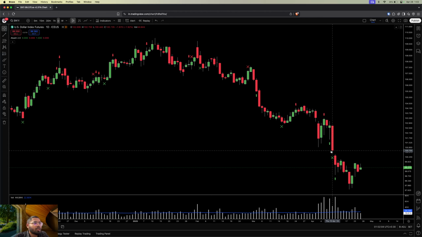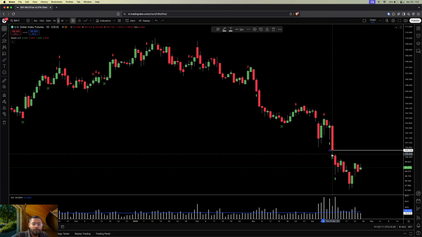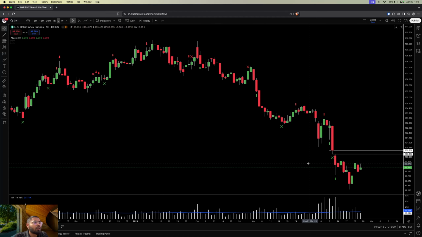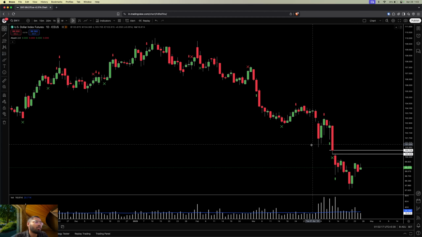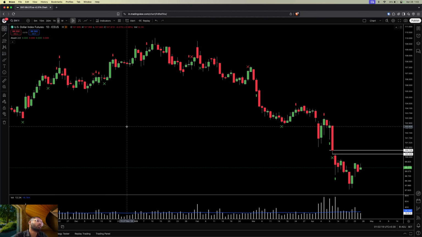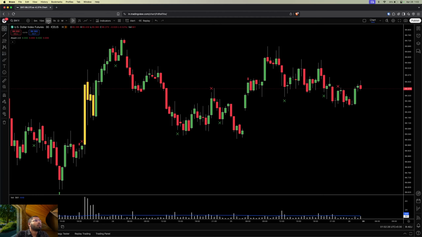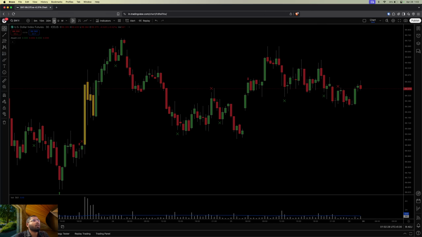So maybe we can have a gap fill over here. And on the moment of this gap fill, we can further choose where to go, like on the upside or downside. In intraday charts, we can find it, 30 minutes.